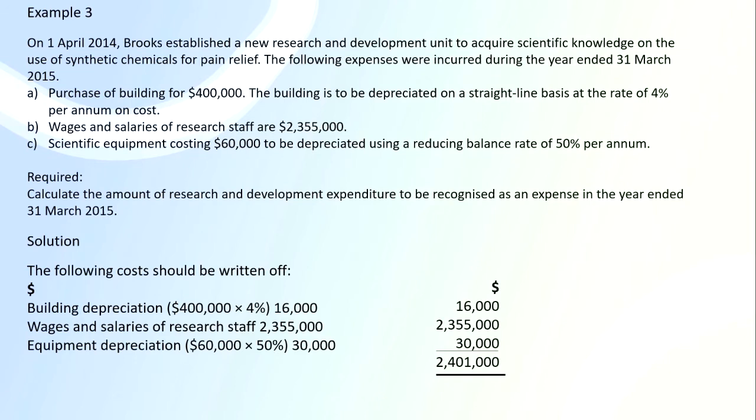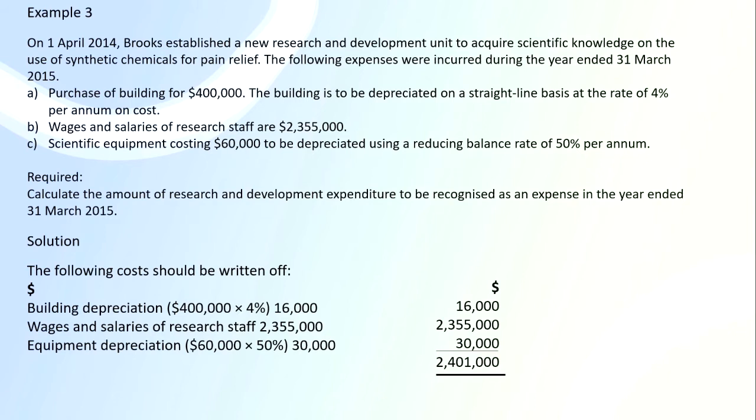This should be reported in the statement of financial position, and the amount to be expensed is the depreciation of the purchase, which is 4% of the 400,000, which is 16,000. Whereas wages and salaries of research staff are considered as expenses for the year.